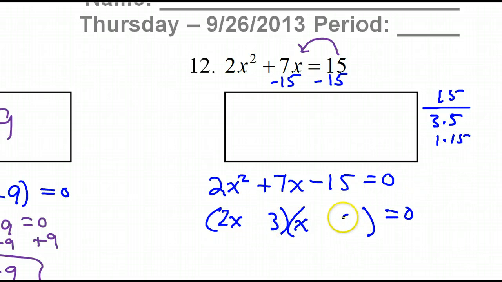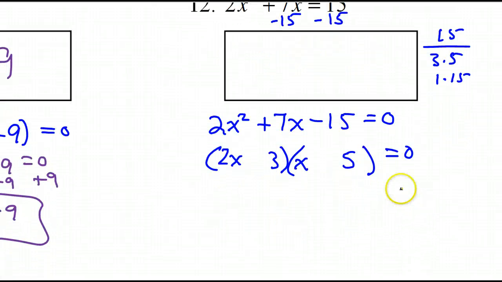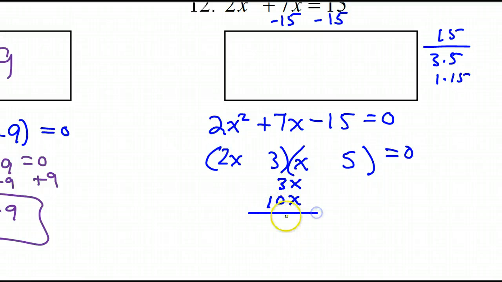Alright, let's just try 3 times 5 first. Inner, we have 3x. Outer, we have 10x. We're trying to get 7x, positive 7. We can do that if we pick the signs right.